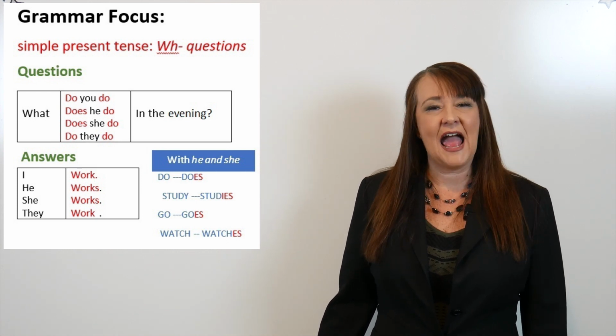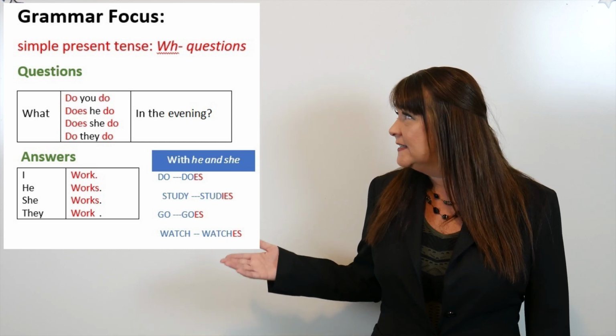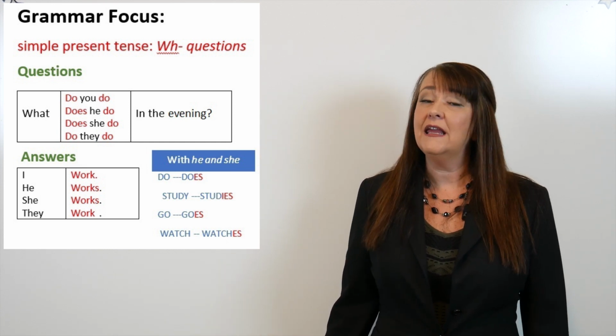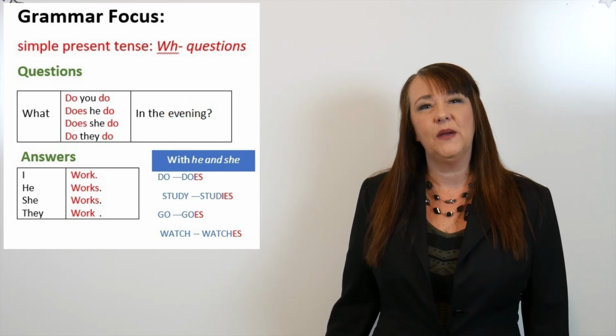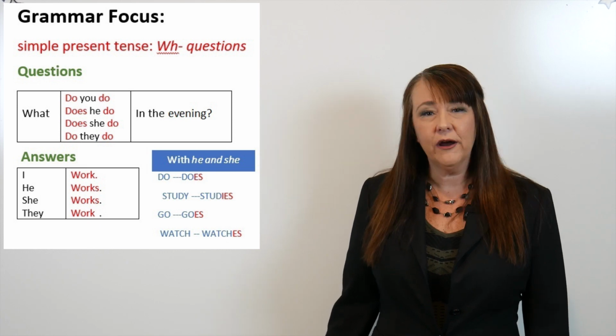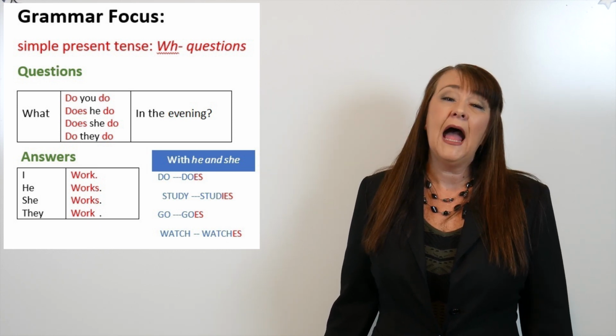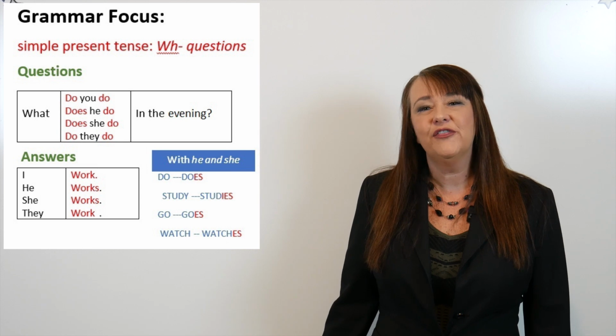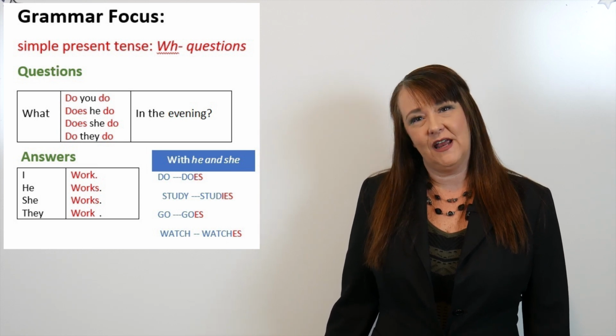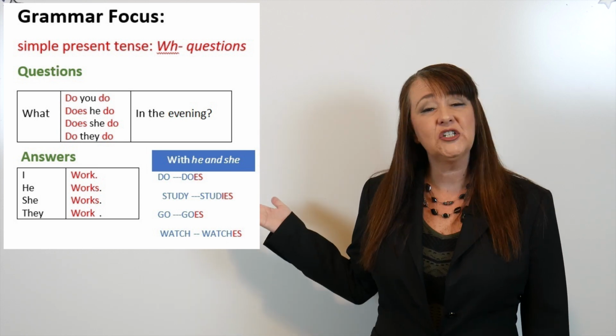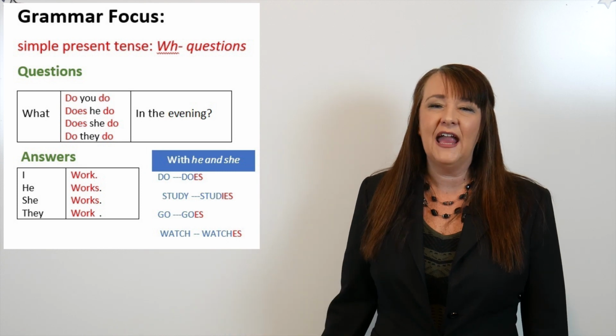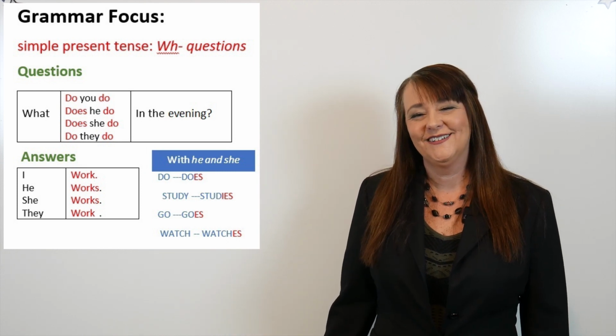If the question asks, what does he do in the evening? The answer would be, he works. How about, what do they do in the evening? The answer to that question would be, they work.